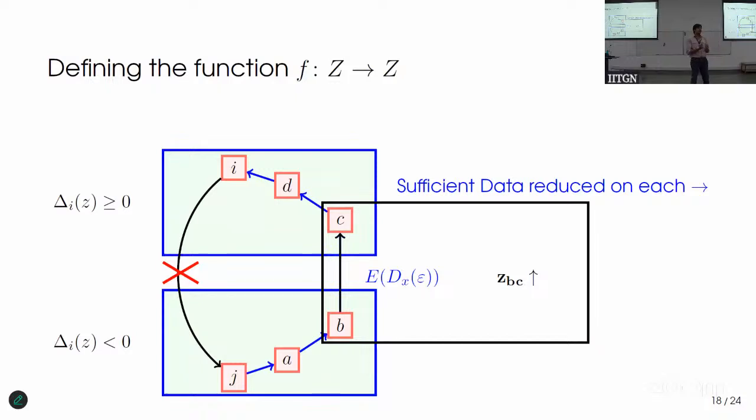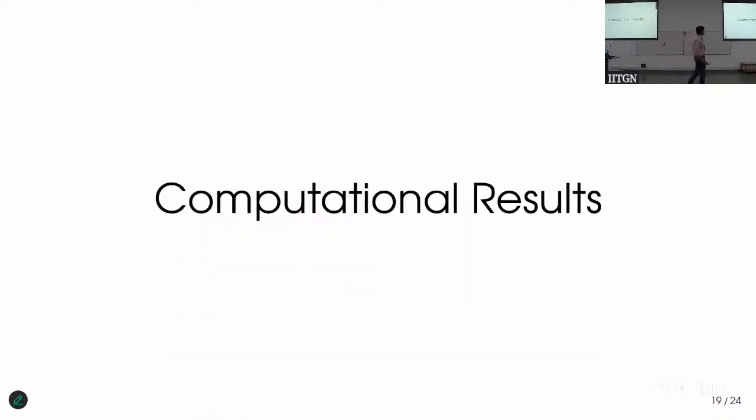You can increase flow from B to C, because that's the definition of these edges. So clearly, if reducing from I to J is not feasible, there will exist B and C such that surplus of B is less than surplus of C, and increasing ZBC is feasible.